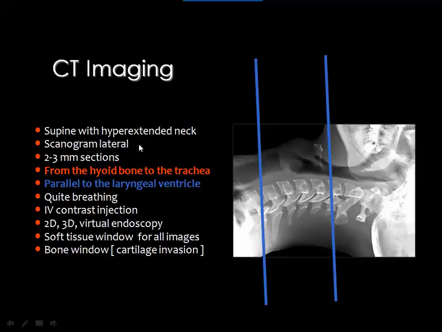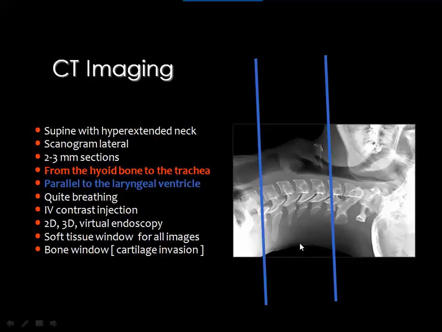Then you remember that in the CT scan of the neck, we usually include the area to be scanned, and we align the scanning plane as much as we can perpendicular to the laryngeal ventricle, and we proceed from up down every 2 millimeter scan intervals.